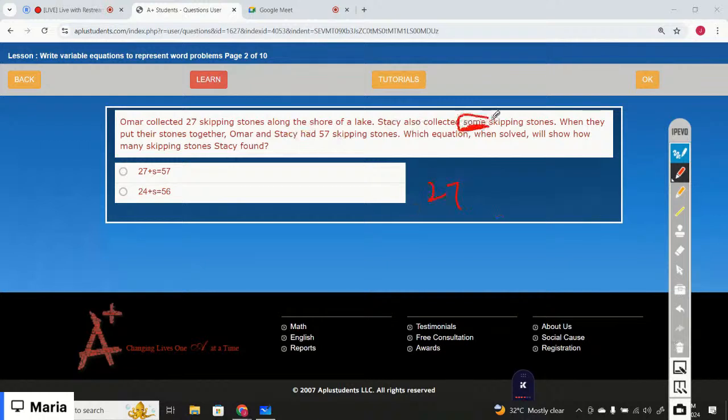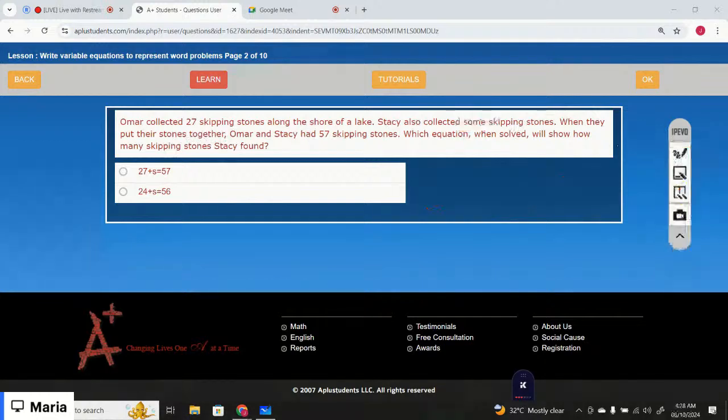You don't know how many Stacky collected, so let's suppose it is S. When you add their stones together, the total they have is 57. So which option is the correct one? The correct option is option number 1, that is 27 plus S equals 57.